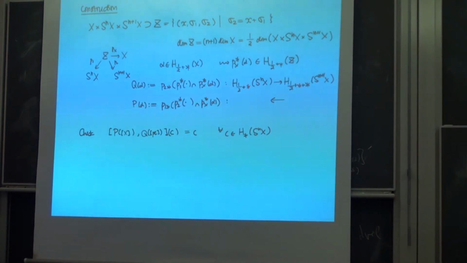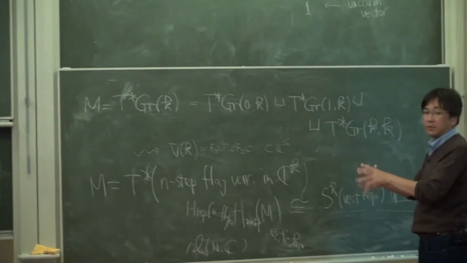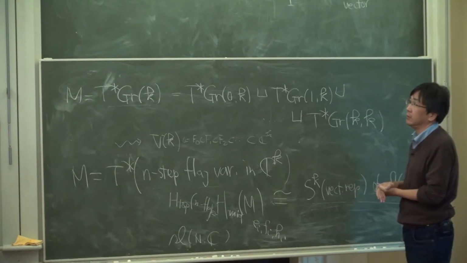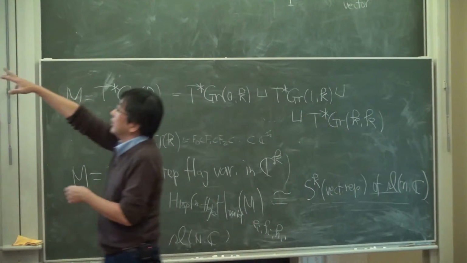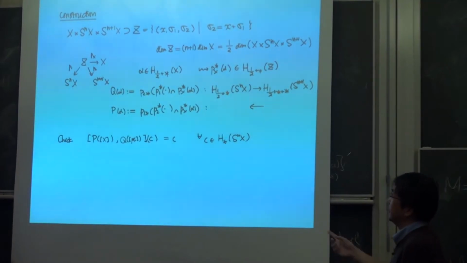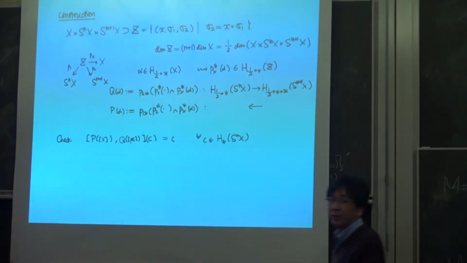In the previous construction, I considered the product of cotangent bundles of Grassmannians, and I introduced some submanifold in the product. But here, you slightly modify. I consider a triple product instead of two products. That is the reason why these operators are decorated by the homology class of the base.